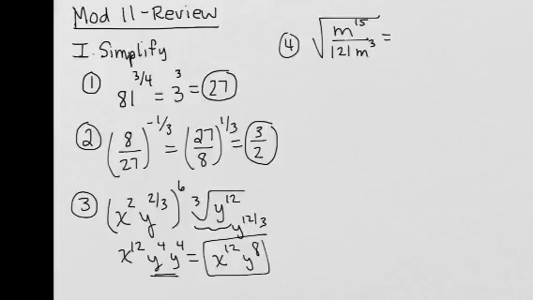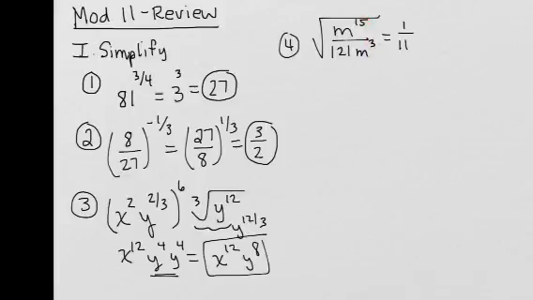So square root of 121 is 11, and notice how it's in the denominator, right? So when you take it out, you have to put a 1 so that the 11 could be on the bottom. Now with the m's, you have m to the 15 over m to the third.